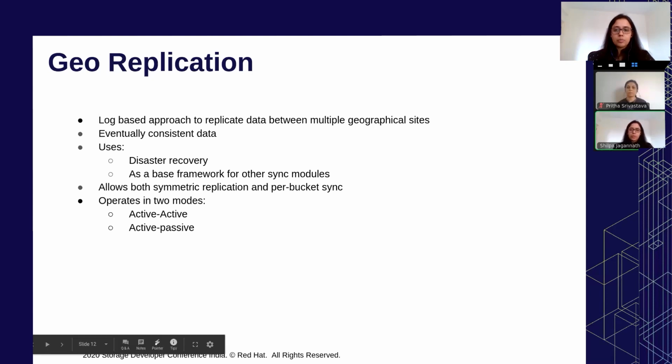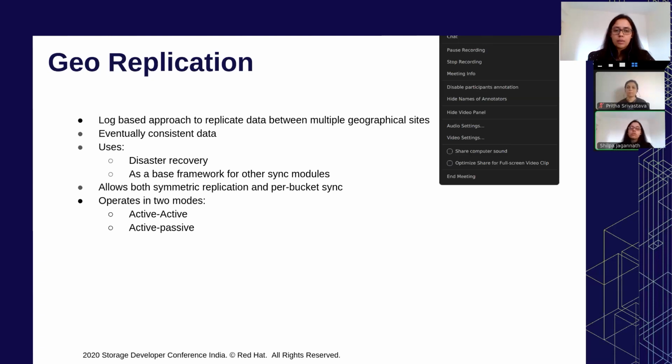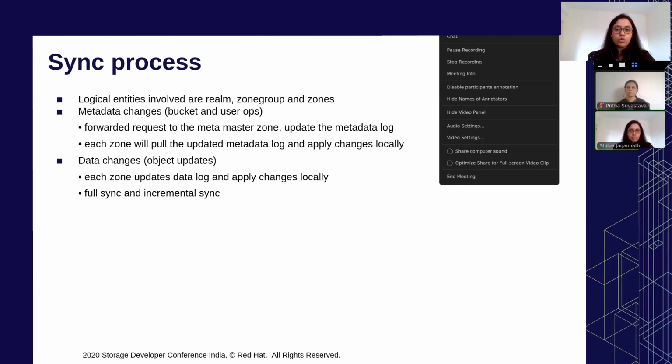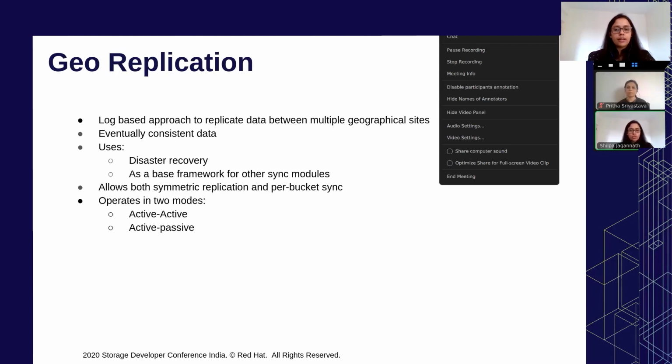But with a bucket sync policy, we can choose what buckets to replicate, decide what clusters should participate in sync, and we can even establish a direction to the data flow. Buckets can diverge on the other zones, meaning they don't have to have the same ID or same name. They can replicate from any bucket with any name, and you can even choose what data you want to replicate by specifying its prefix.